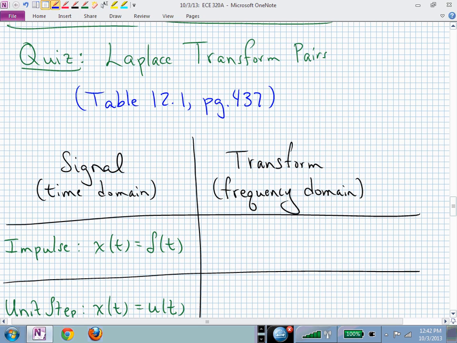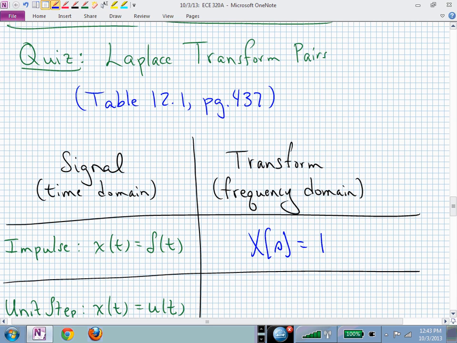If I now give you an impulse, we've already derived this. Do you remember what the Laplace transform of an impulse equals? If little x of t is the impulse, what's capital X of s? Right? Your sifting operation, and that gives you a 1, doesn't it?